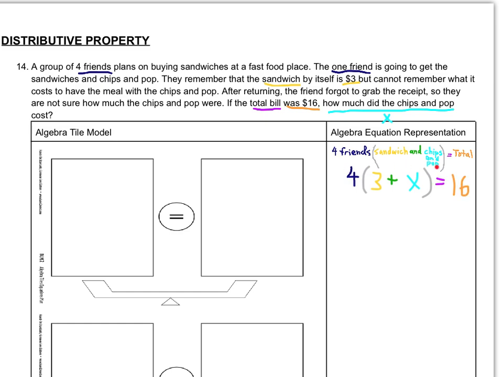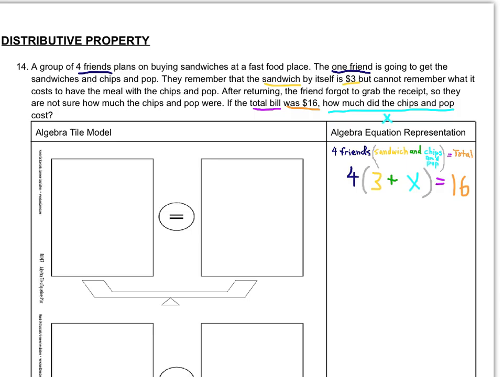Again, intuitively, you might already know the answer of how much the chips and pop are. But we're trying to set this up so we can do more complicated problems later. So read this as 4 times the quantity, that's this parenthesis part, 3 plus x. So we say 4 times the quantity 3 plus x equals 16. Pause so you let me know when you stop.